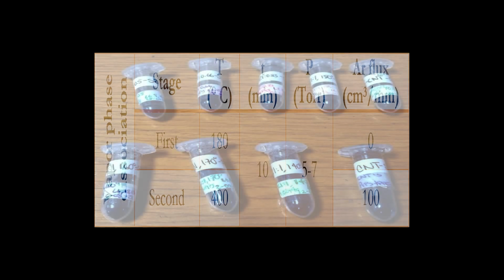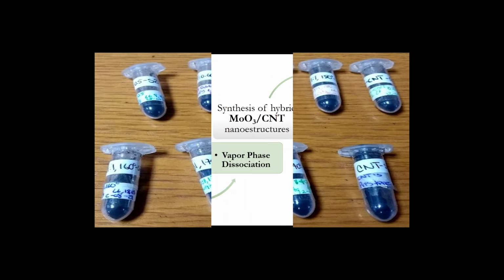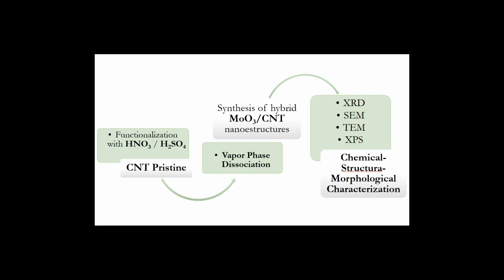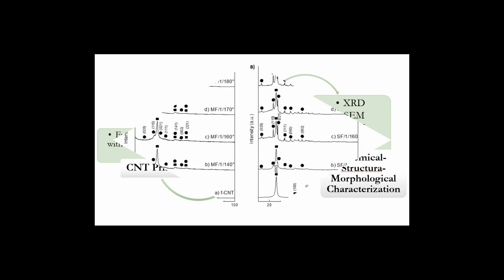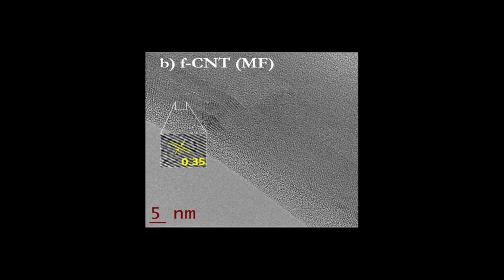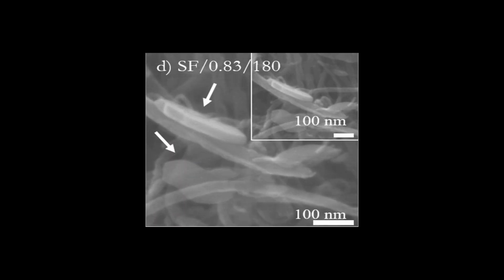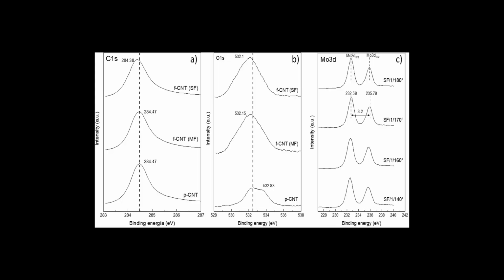The resulting product was collected and identified as a molybdenum trioxide carbon nanotubes hybrid nanostructure. The samples were characterized by X-ray diffraction (XRD), transmission electron microscopy (TEM), scanning electron microscopy (SEM), and X-ray photoemission spectroscopy (XPS).